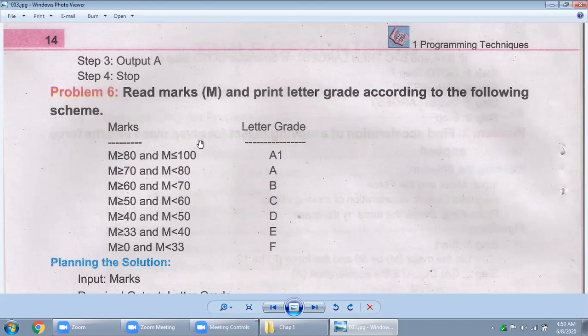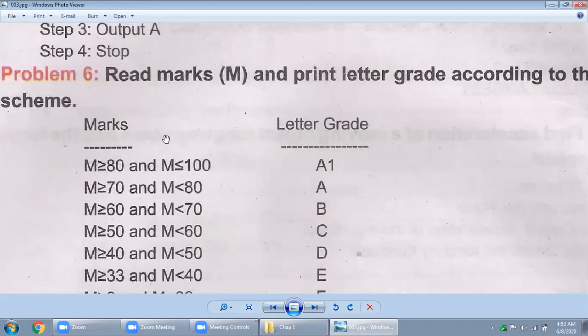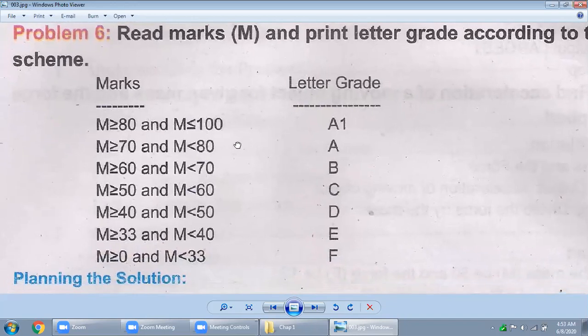Over here, we will have to draw the algorithm. Read marks M and print the letter grade according to the following scheme. Watch: in the examination, if any student gets a percentage between 80 and 100, the grade is A1, or A plus.